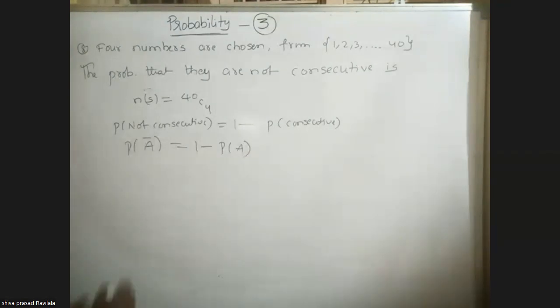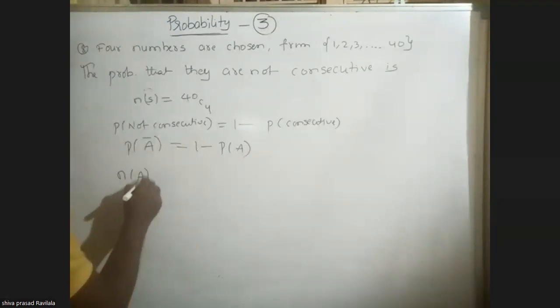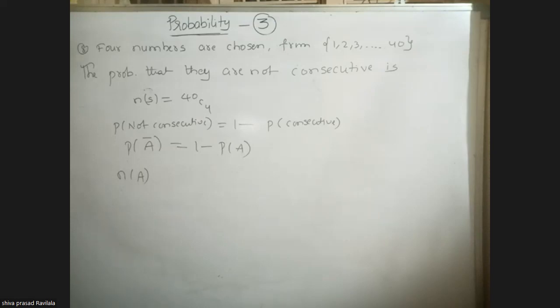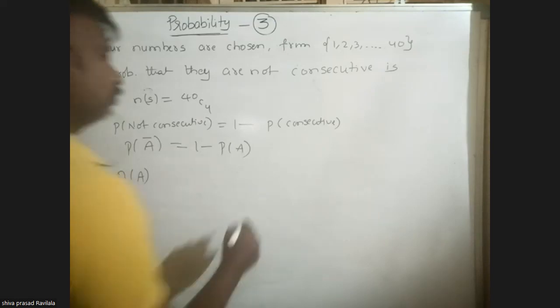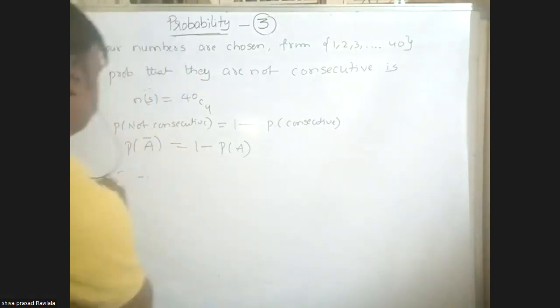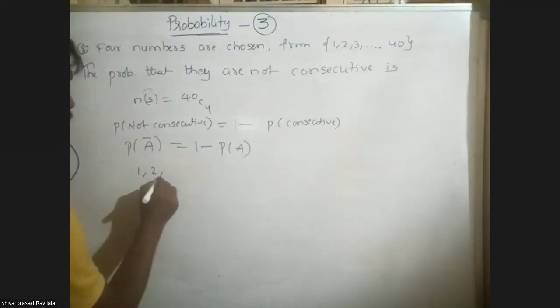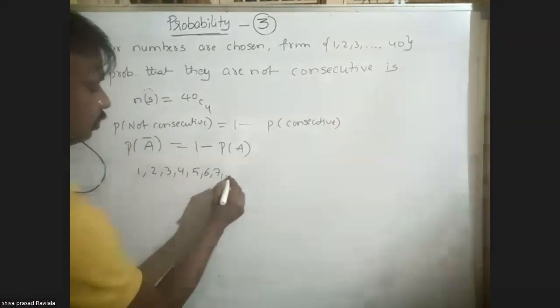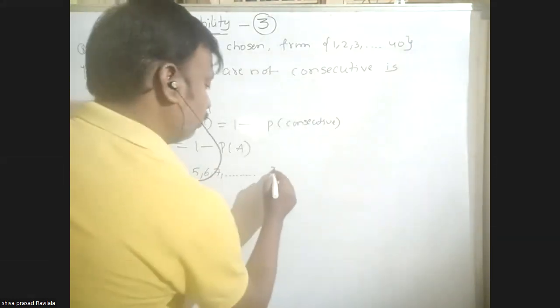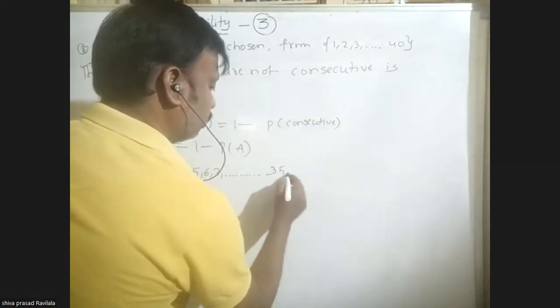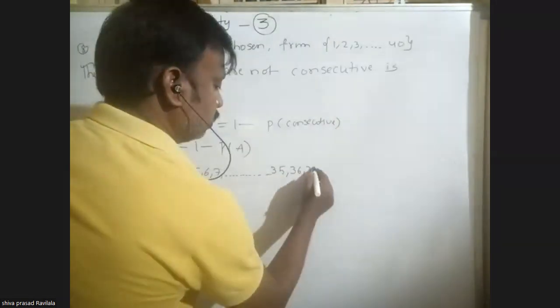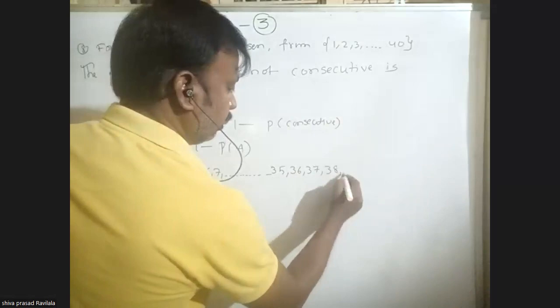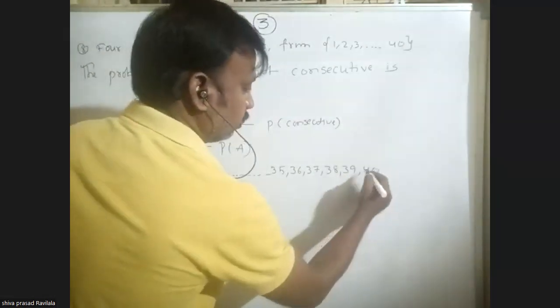Can anybody say how you select those 4 which are consecutive? How many ways are there? Here the numbers are 1, 2, 3, 4, 5, 6, 7, and so on, up to 35, 36, 37, 38, 39, 40.